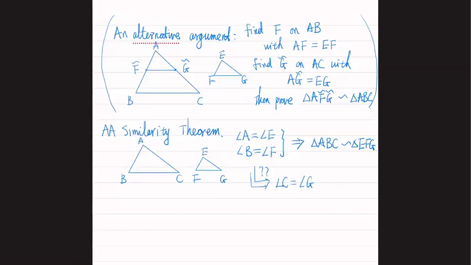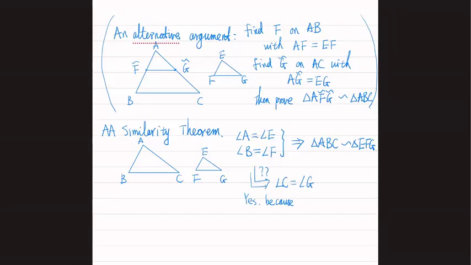Since angle A always equals angle E, and angle B already equals angle F, then you can assume angle G equals angle C because you already have two angles that are congruent.